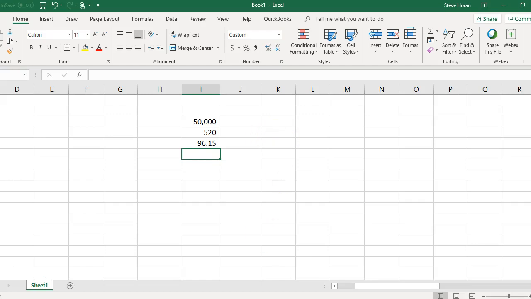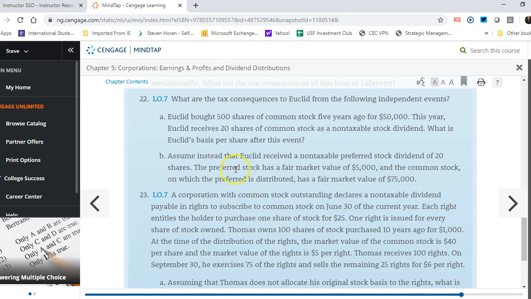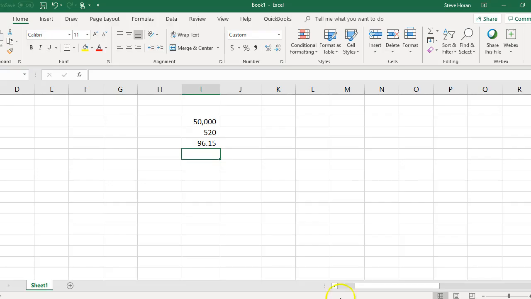Very simple. In the next situation, they say that Euclid receives a non-taxable preferred stock dividend of 20 shares. The preferred stock has a fair market value of 5,000. The common stock on which the preferred stock is distributed has a fair market value of 75,000.